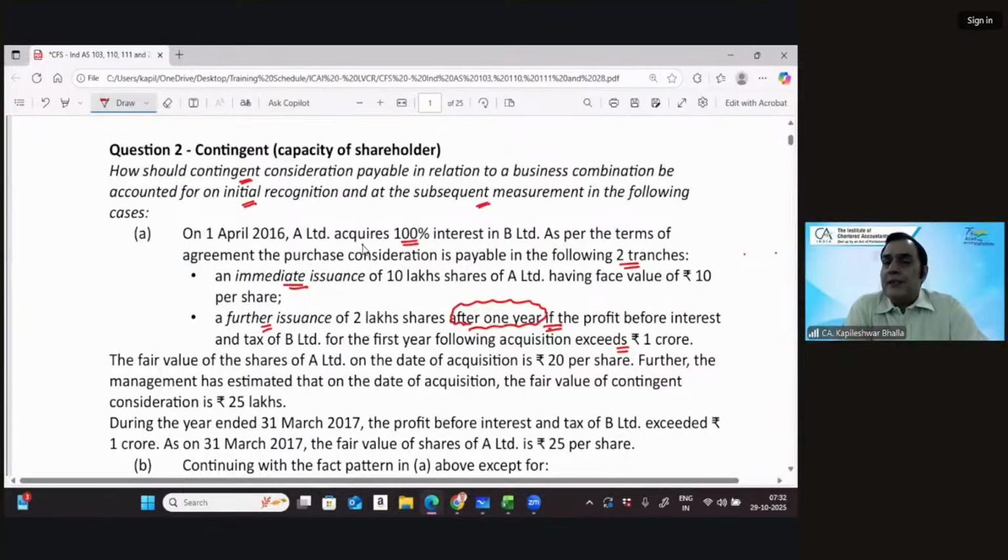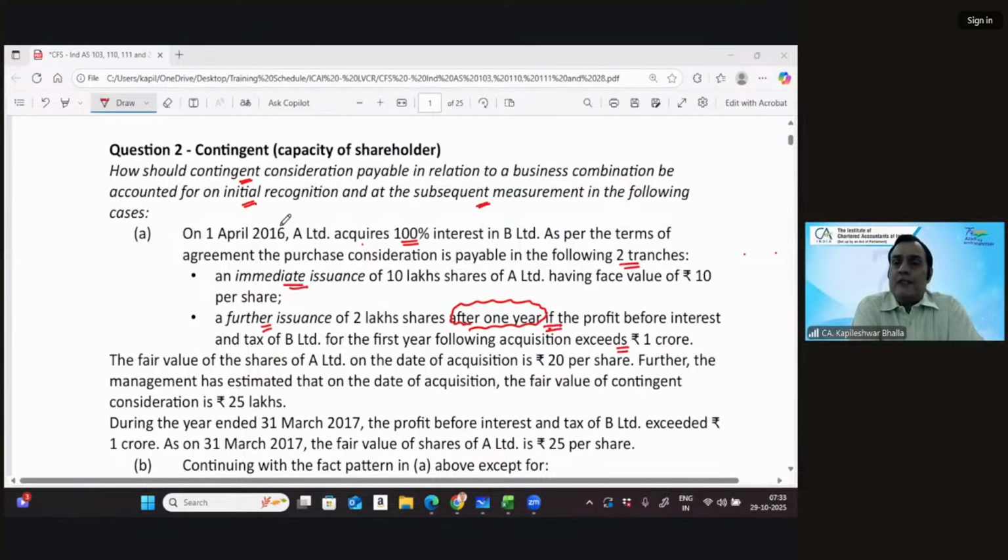By the way, is this CCE or is this CCS? The shares are to be given after 1 year. It's a future payment, but it is based on the parameter that the profits before interest reach a certain target. So is this a CCE or a CCS? That's absolutely correct.